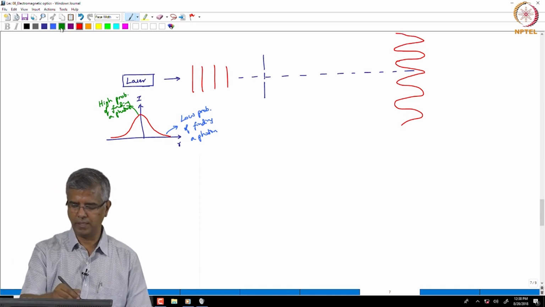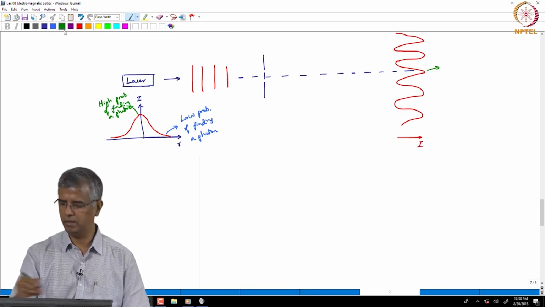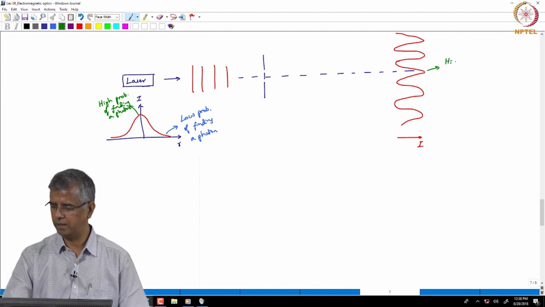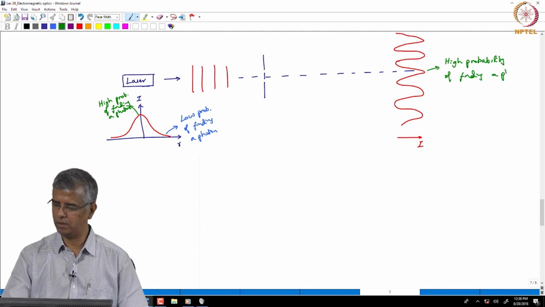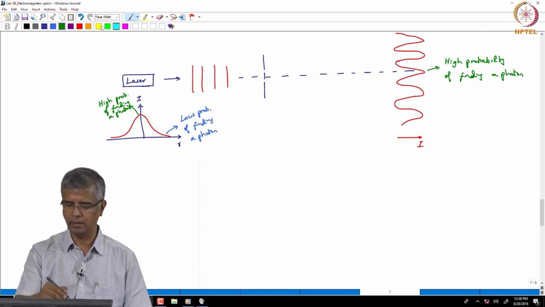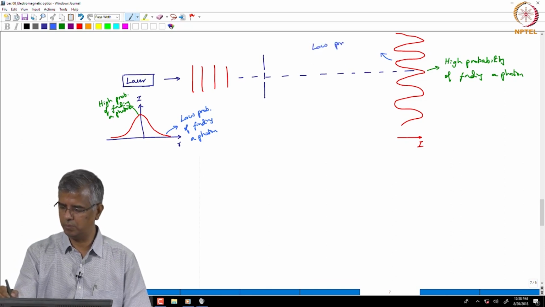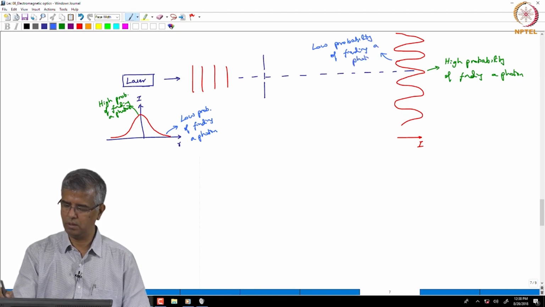And what we are saying here is, if the intensity is increasing this way, here we have a high probability of finding a photon, okay, and similarly this is indicative of low probability of finding a photon, right.